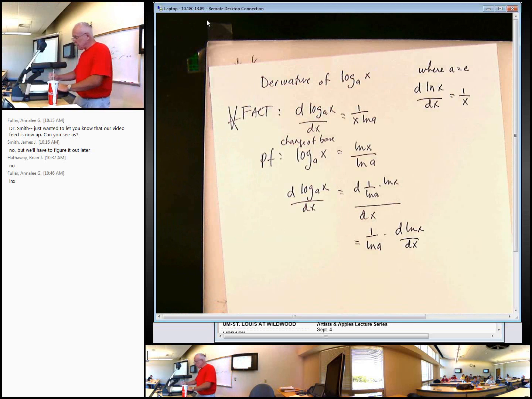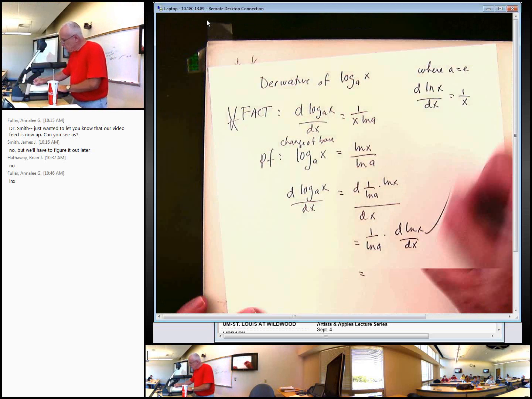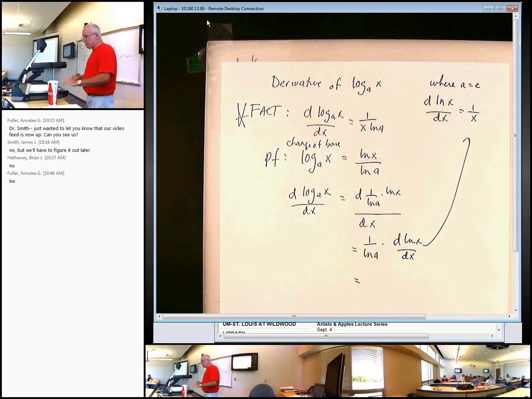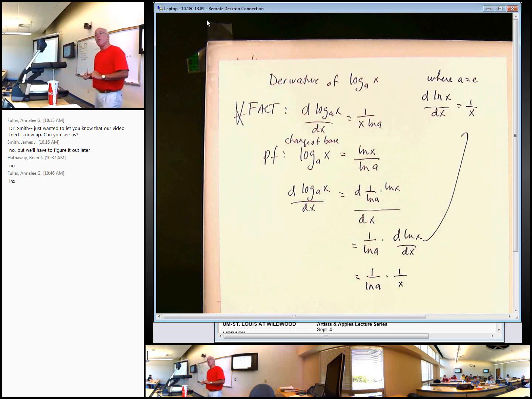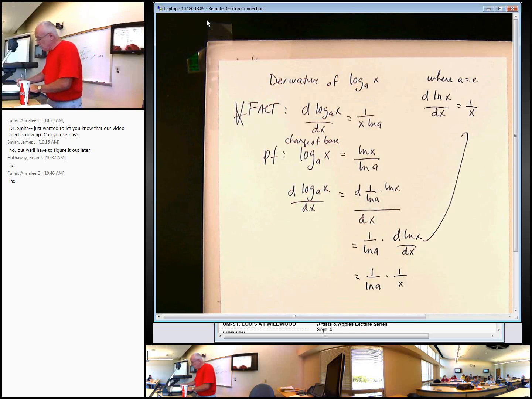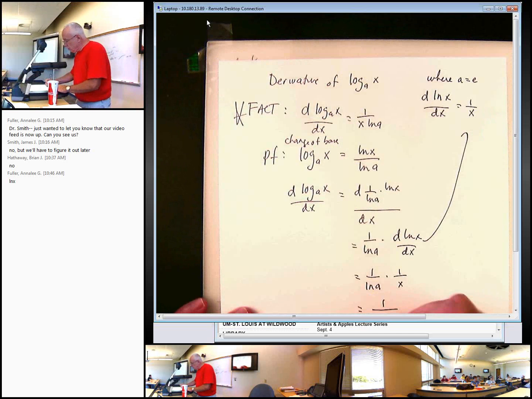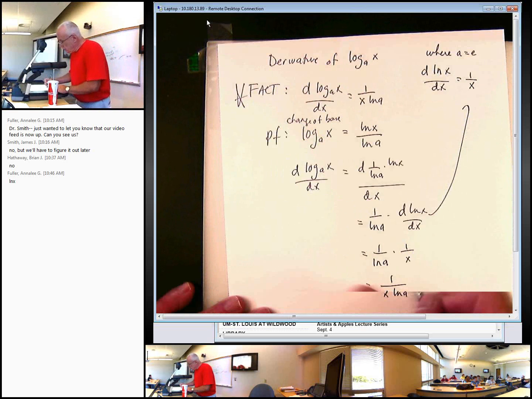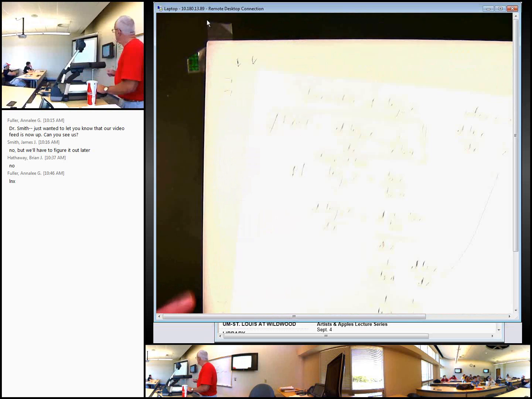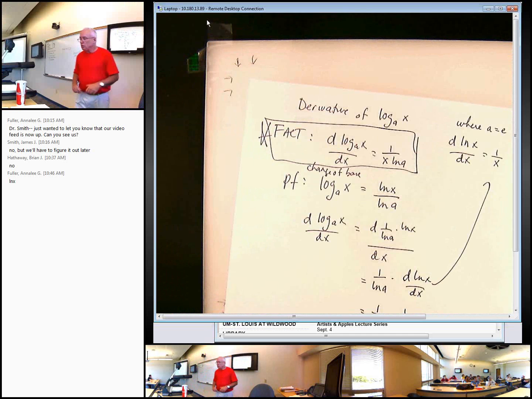Well, we know that the derivative of the natural log function is 1 over x. So we get our formula, 1 over the natural log of a times 1 over x, or writing it all as a single term, 1 over x times the natural log of a.